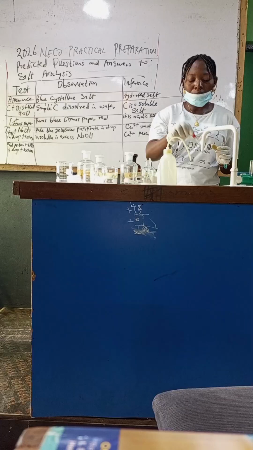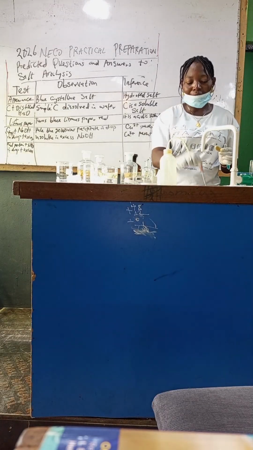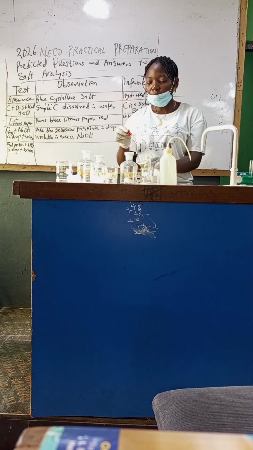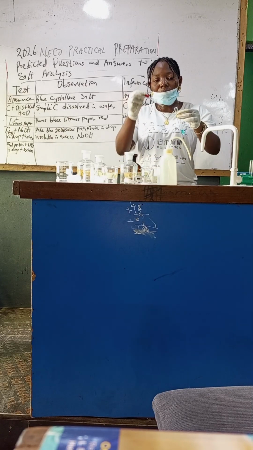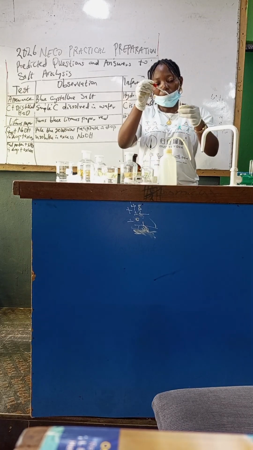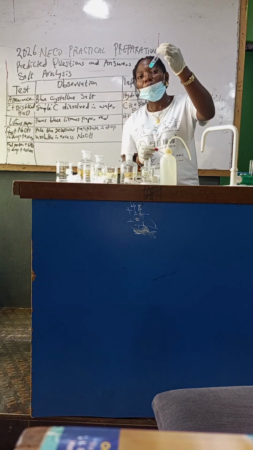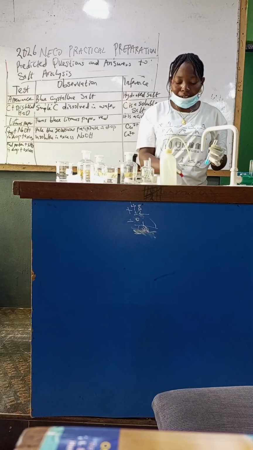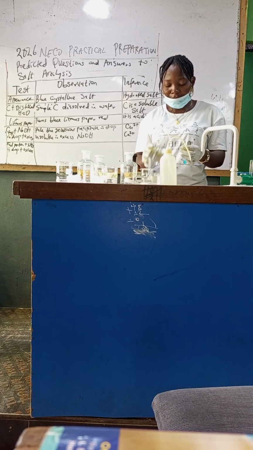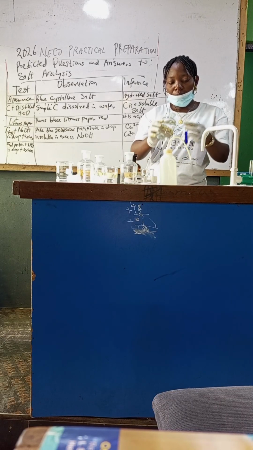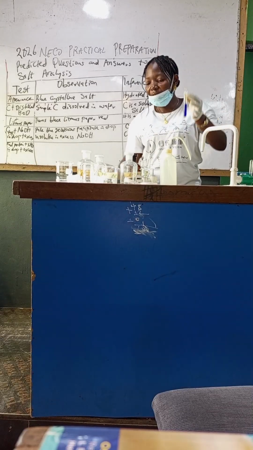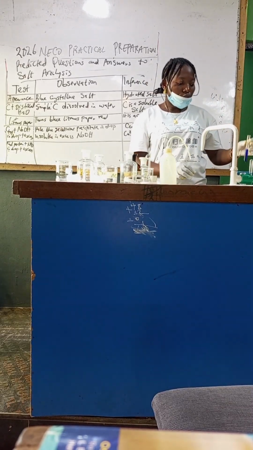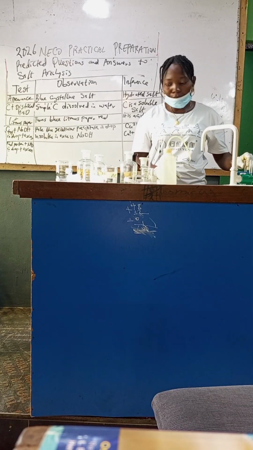Remember we're talking about drop and excess. In drop, light blue gelatinous precipitate, soluble in excess ammonia to give deep blue solution.